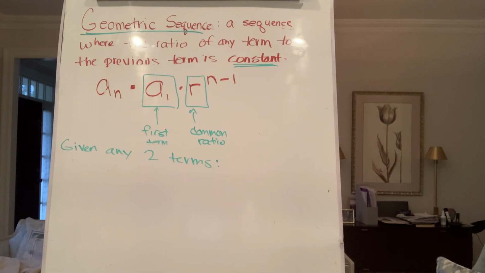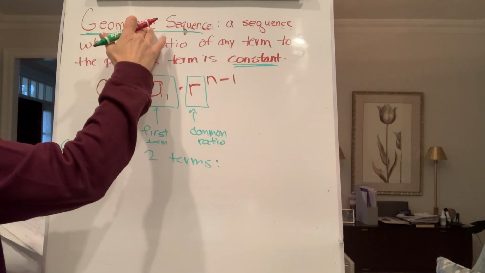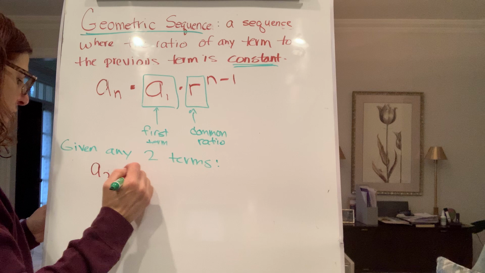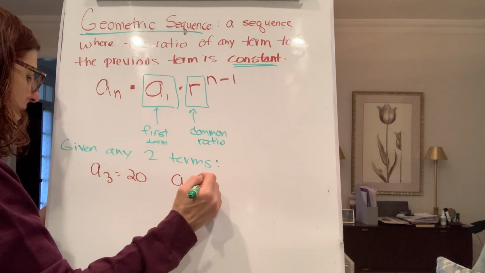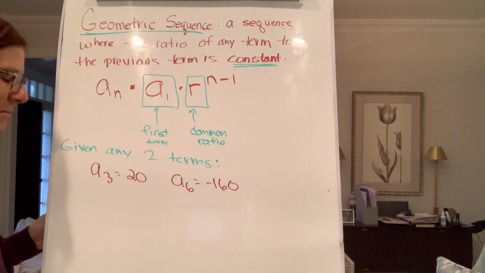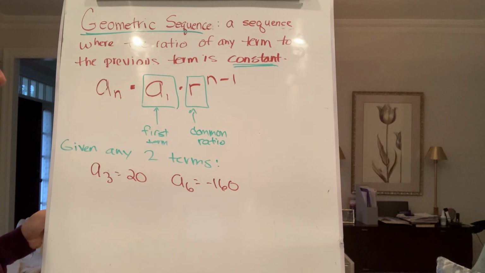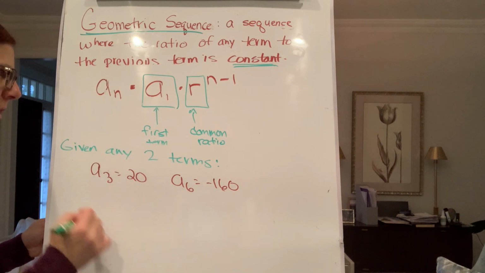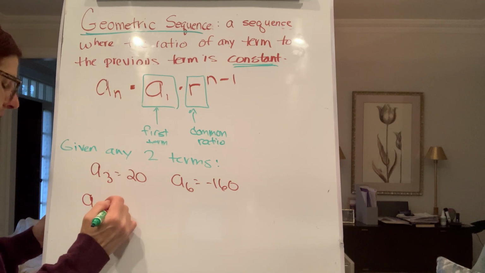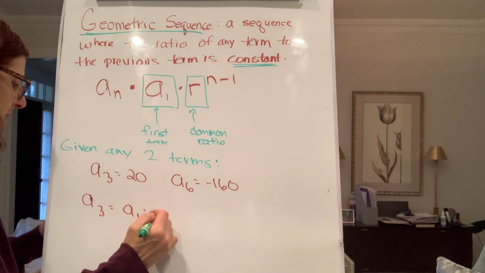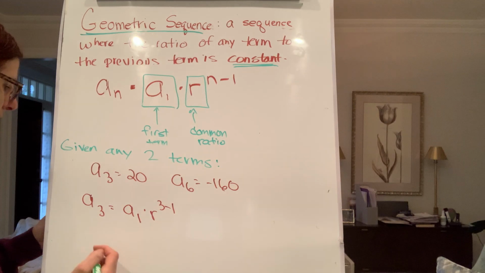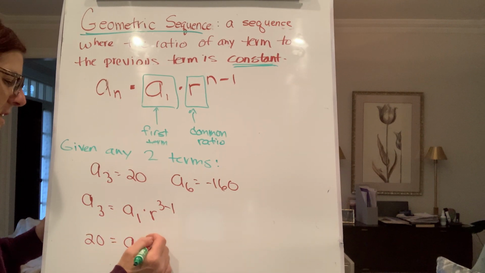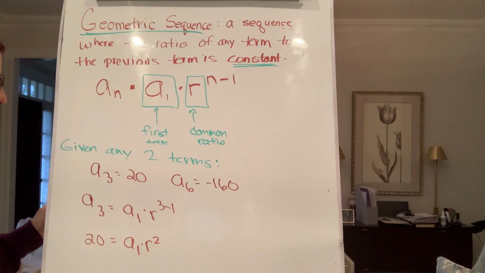So I'm going to start with the example, a geometric sequence. The two terms I know are a3 equals 20 and a6 equals negative 160. I'm going to solve the system of equations by plugging into my formula. So a3 equals a1 times r to the 3 minus 1, or 20 equals a1 times r squared.